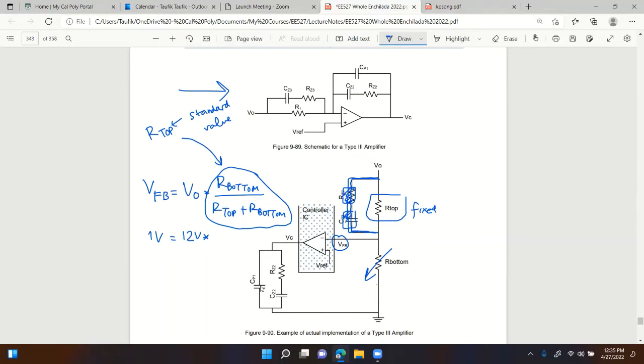Just leave them empty. So you start from type 2, and then if you find out, oh boy, type 2 is not enough, then you can start placing resistor and capacitor in the pad that you provide already. Okay. Any questions?